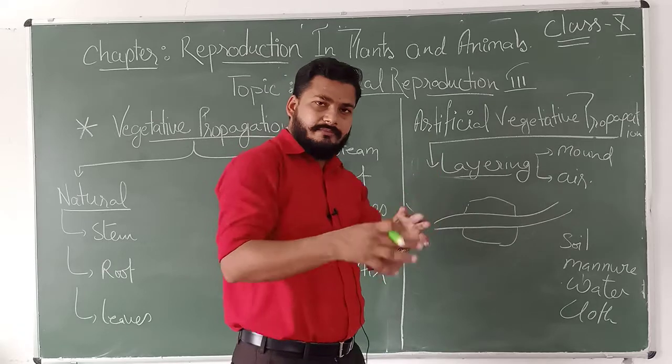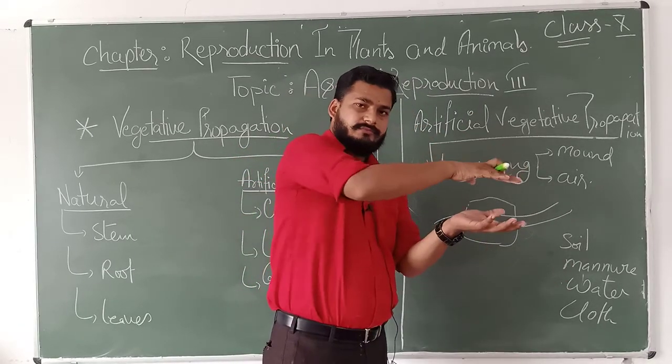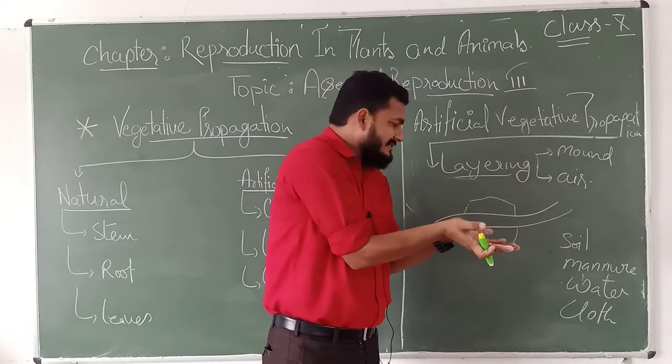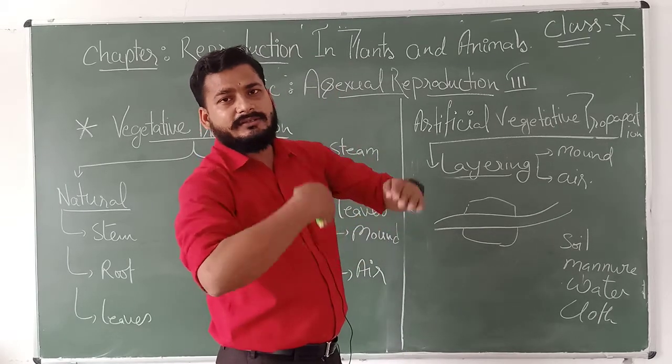We'll prepare a mixture of soil, manure and water. We'll cast a mound over the stem and then tie it with a cotton cloth.